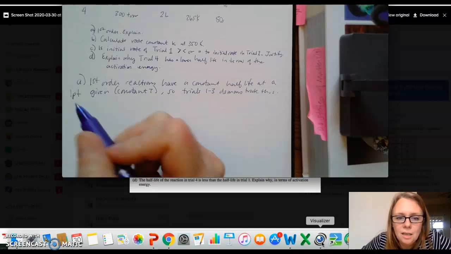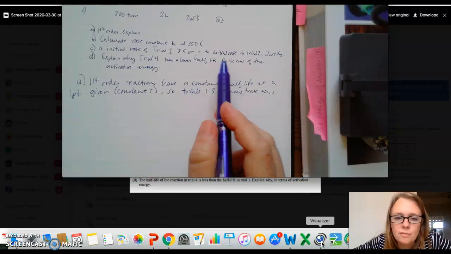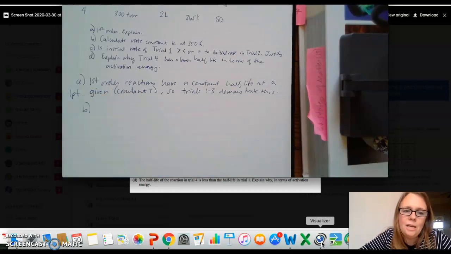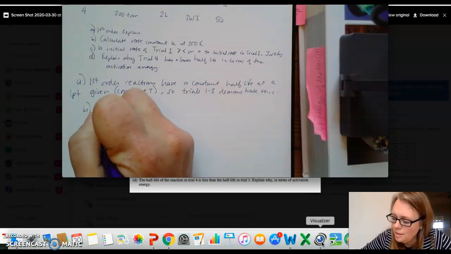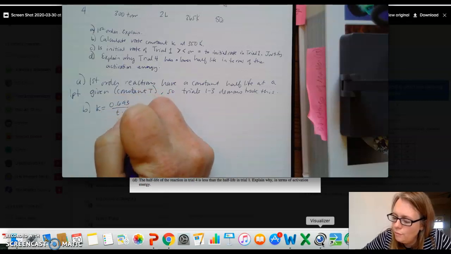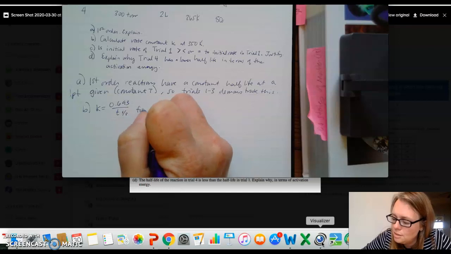Calculate the rate constant at 350 Kelvin. So, rate constant, how am I going to get that? What do you know about the rate constant? Well, you probably remember that k is equal to 0.693 divided by the half-life for first order reactions.